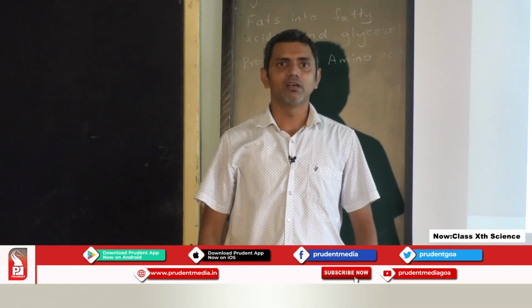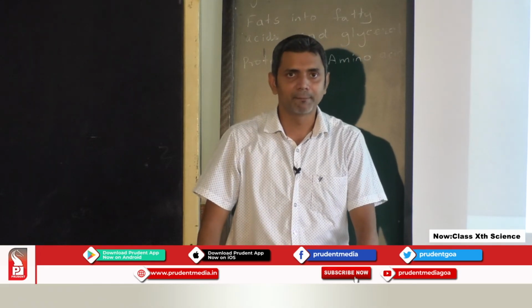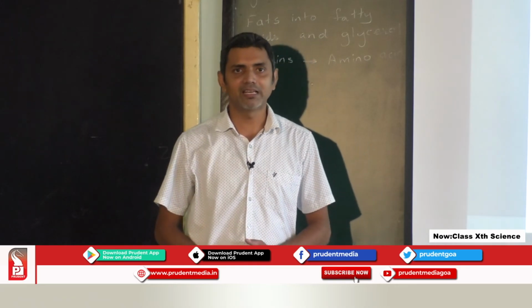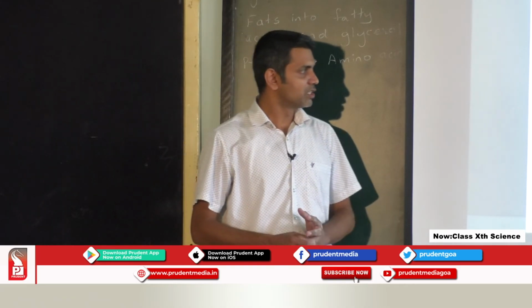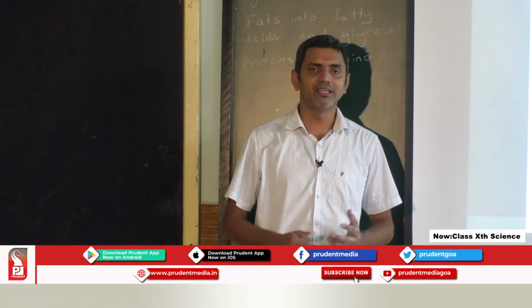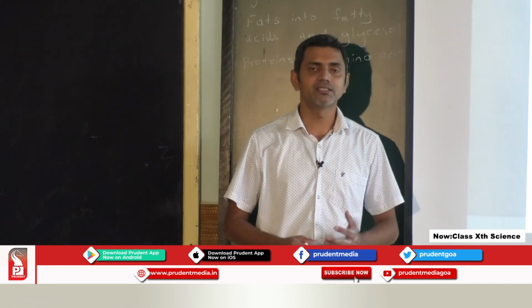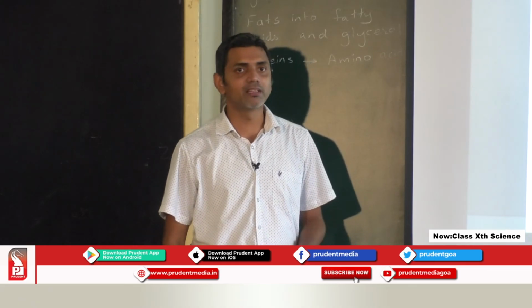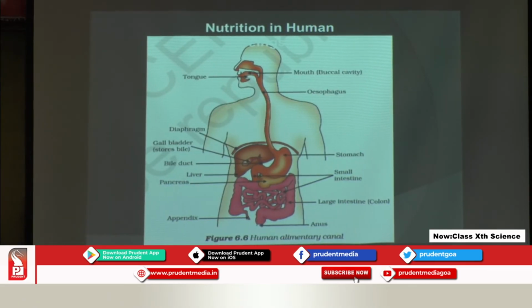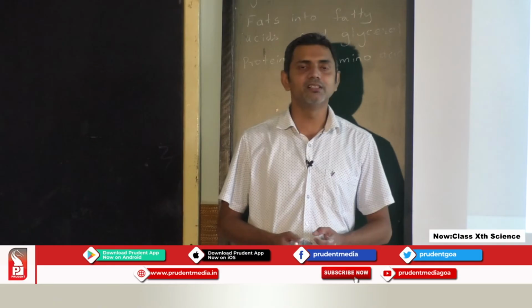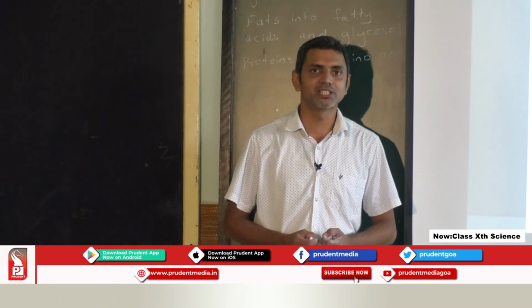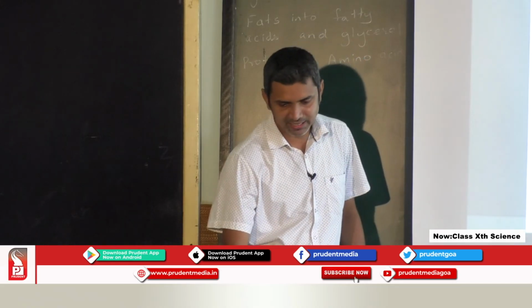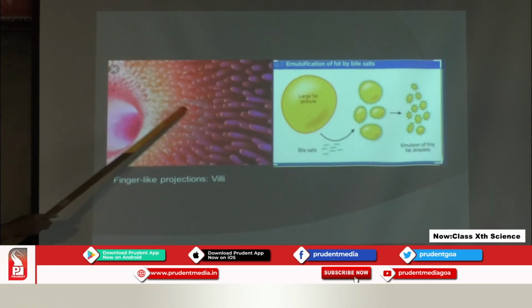If there is undigested food, that undigested food will enter the large intestine. But the small intestine, as I said earlier, is the place where the complete digestion of food takes place. Now, the small intestine consists of finger-like projections, which we call villi, as we can see here.